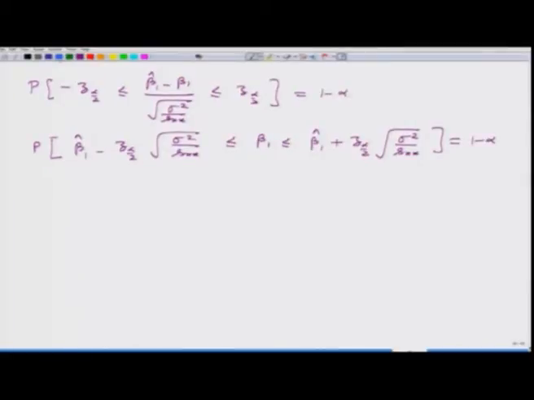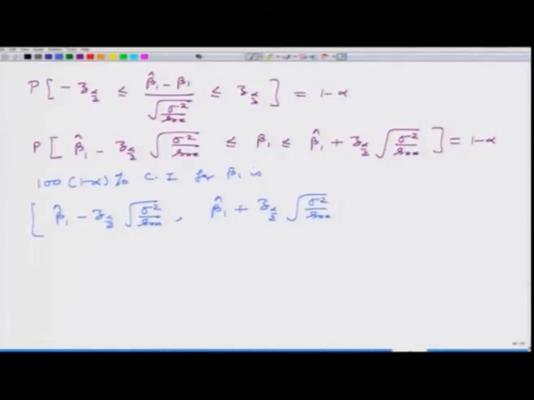So, finally, I can write that the 100 times 1 minus alpha percent confidence interval for beta 1 is the interval from beta 1 hat minus z alpha by 2 times square root of sigma square over Sxx to beta 1 hat plus z alpha by 2 times square root of sigma square over Sxx.